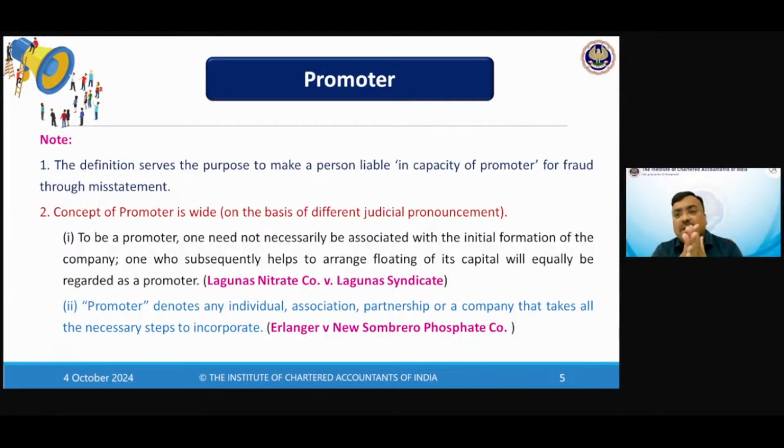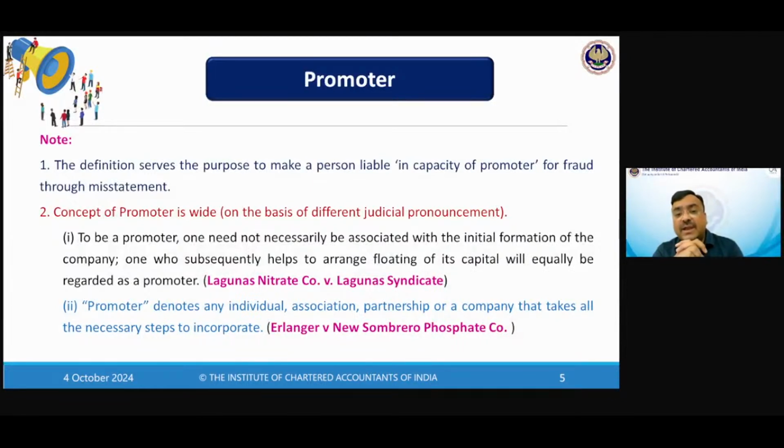But the definition is not restricted to these 4 points only. Sometimes judicial decisions have widened the scope of the promoter. According to the decision in the case Lagunas Nitrate Company versus Lagunas Syndicate, to be a promoter, one need not necessarily be associated with the initial formation of the company.